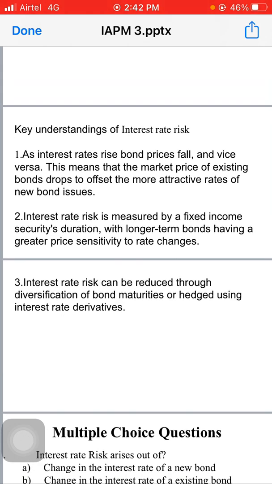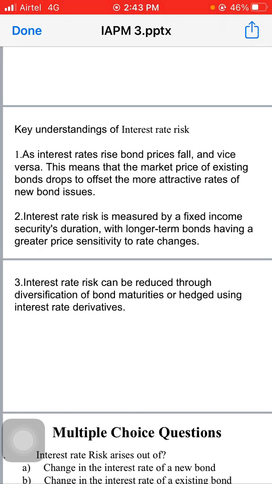Secondly, interest rate risk is measured by a fixed income security's duration, with longer term bonds having a greater price sensitivity to rate change. That is what I was just trying to tell in the example in Mr. A's case.